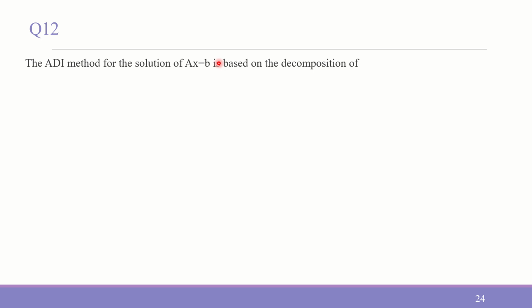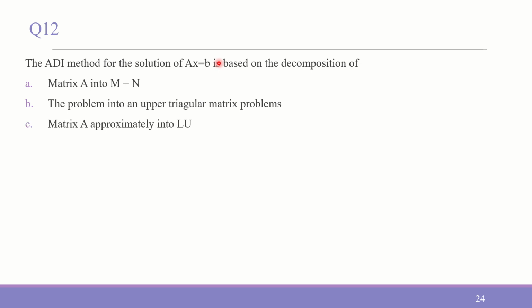The solution of Ax equals B is based on the decomposition of dash. Option A, matrix A into M plus N. Option B, the problem into upper triangular matrix problems. Option C, matrix A approximately into LU.